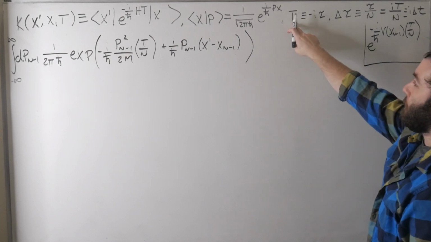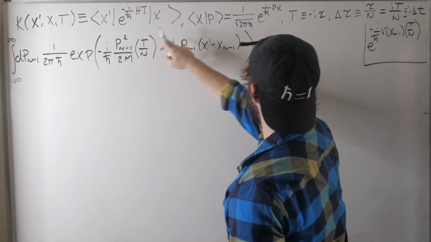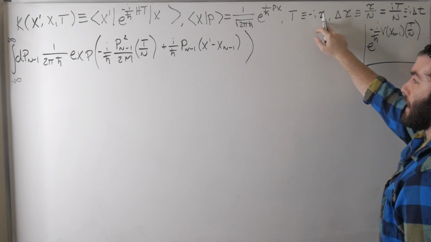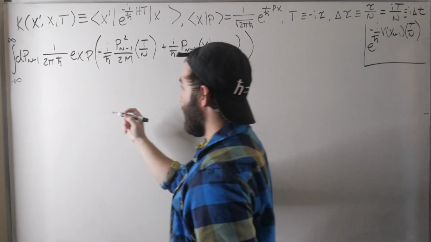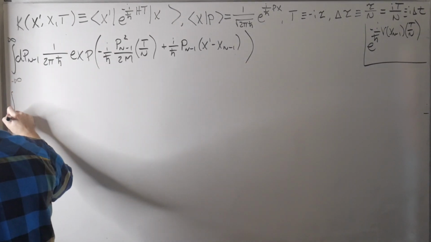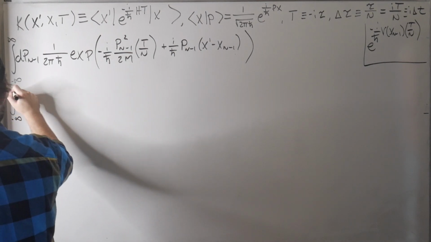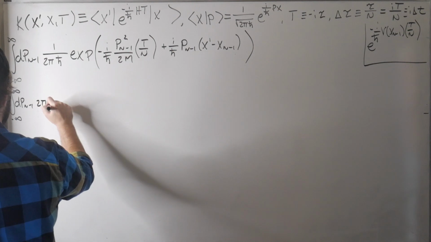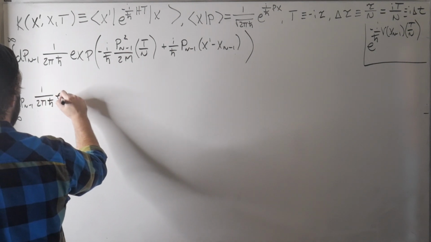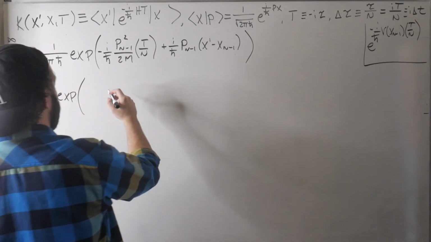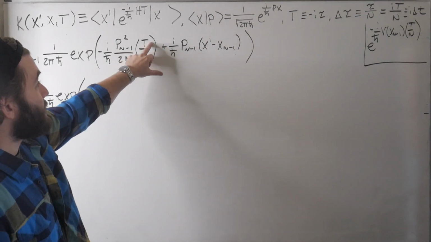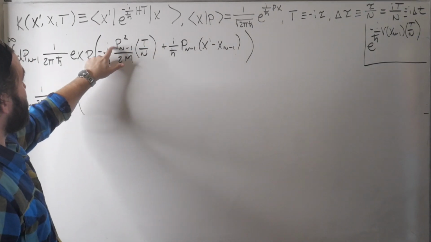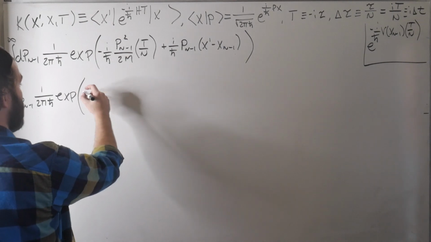So we're going to define t to be minus i times tau. Now let's substitute that in. We have an integral from minus infinity to infinity, dp sub n minus 1 over 2 pi h bar, of an exponential. If t is minus i times tau, then we have minus i times minus i, which is just minus 1.